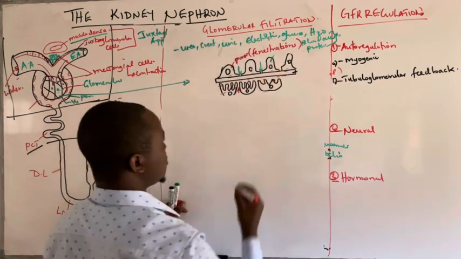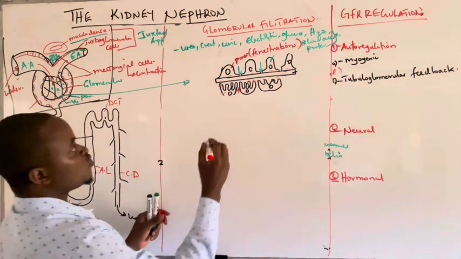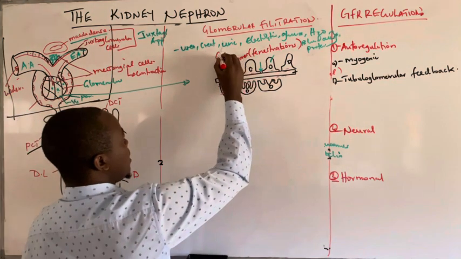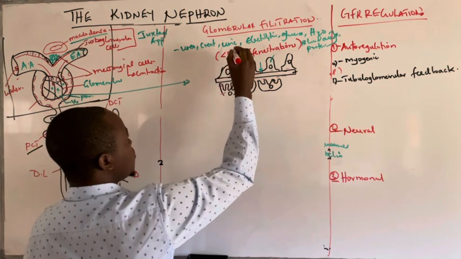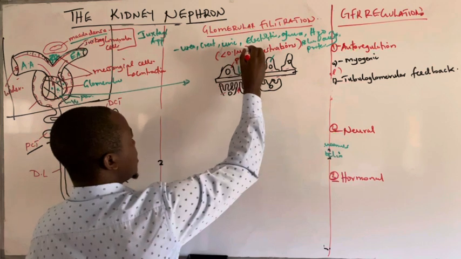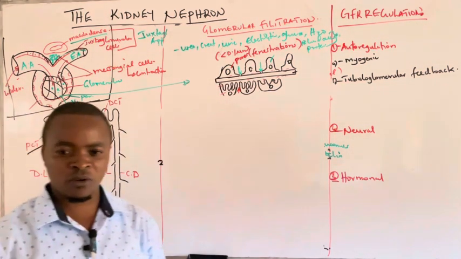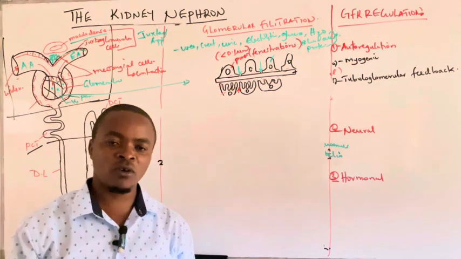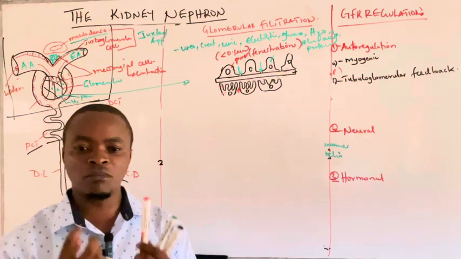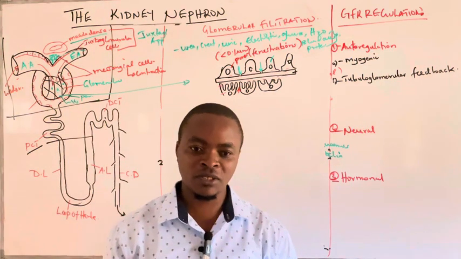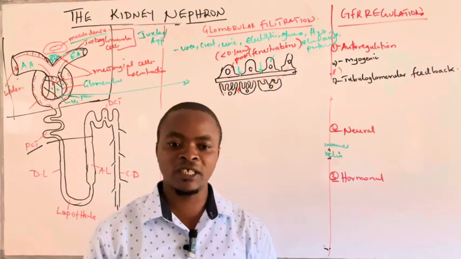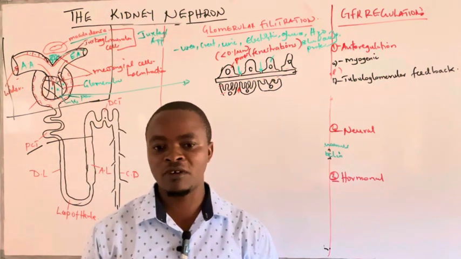They have a size of less than 0.1 micrometer in diameter. They are very small, and because they are very small, they only allow smaller molecular weight substances in the plasma to be filtered to be part of the glomerular filtrate.